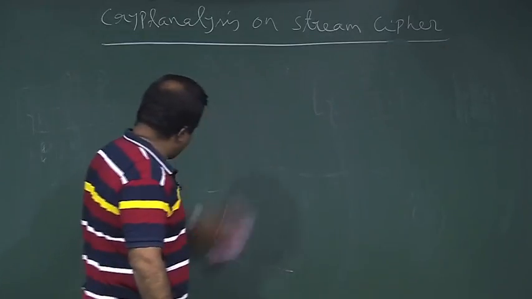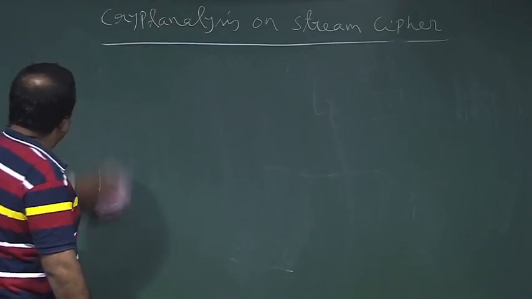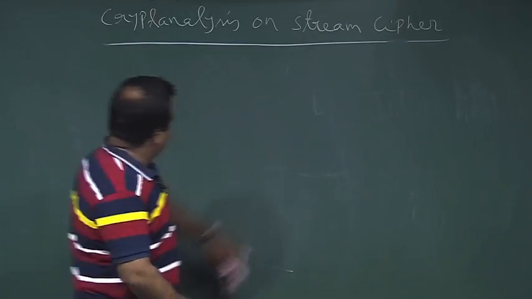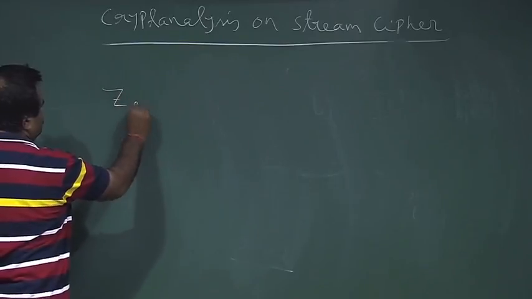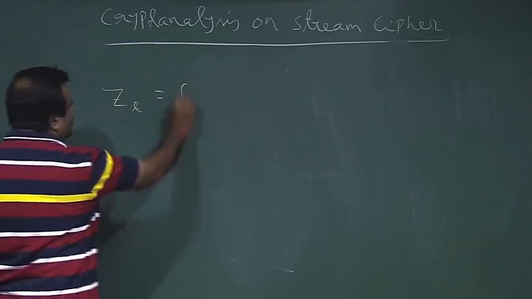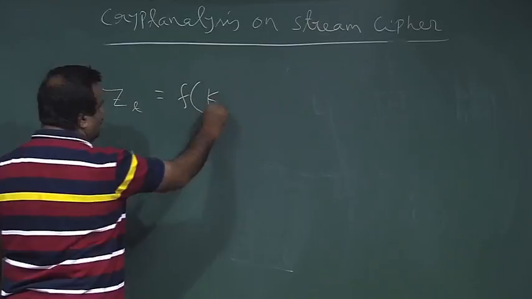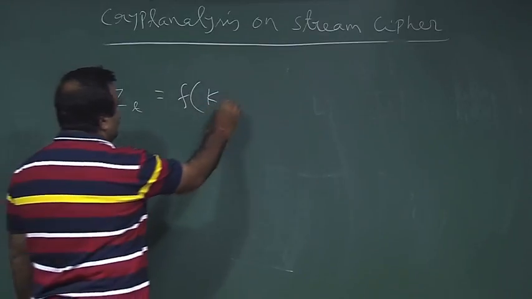So we have Zt, which is a function of K, the secret key.